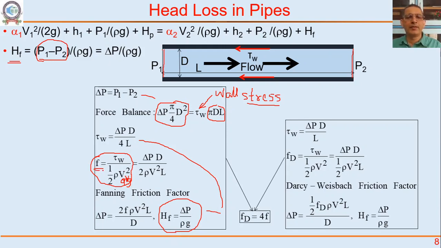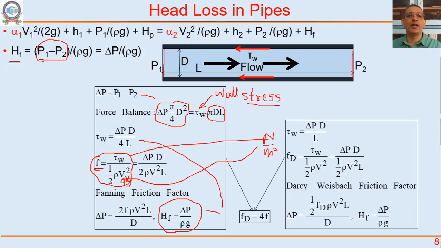So then this becomes a good way of making things dimensionless, where tau W has units of Newton per meter square, and kinetic head half rho v square also has units of joules per meter cube or Newton per meter square, and therefore this becomes a dimensionless number.